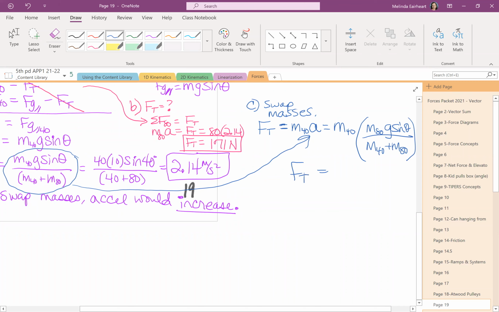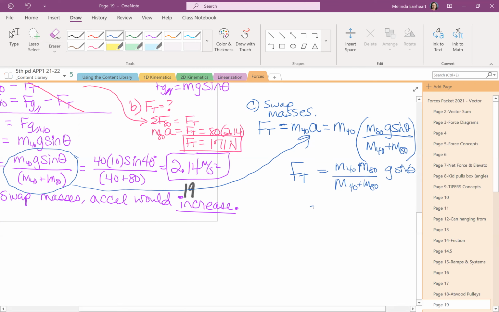And so you can plug numbers in, or notice, isn't it basically the product of the masses divided by the sum of the masses, all times G sine theta? Do a little algebra with the variables. So whether you swap the masses or not on this one, you get the product, that would be the same, and the sum, that would be the same. Yes?